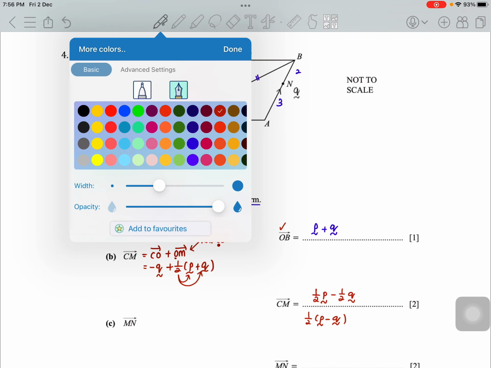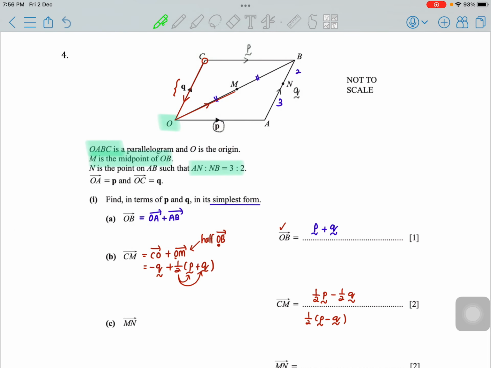Okay, next let's find the MN. How are you going to define your MN? So I have to go from M to N. In that case, I am traveling from M to B, and then I want to go from B to N. See, by drawing the arrow here, I know I have to be careful because it is very different from what is originally given to us. Watch out. So it is MB plus BN.